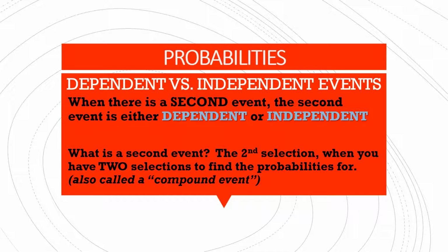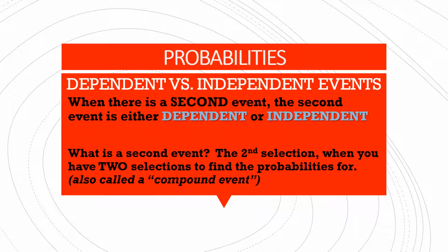Now, when there are two events, one right after the other, not just picking one flower out of the garden, but picking one flower out of the garden and then picking a second flower out of the garden, the second event is called either dependent or independent compared to the first event.